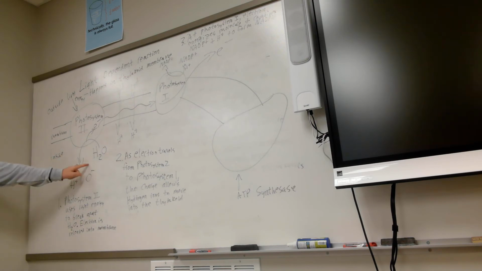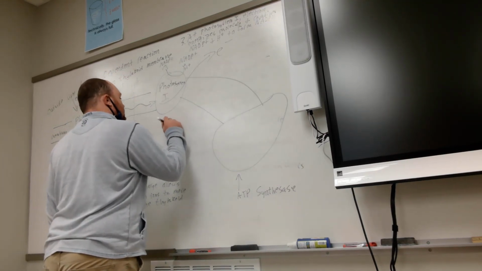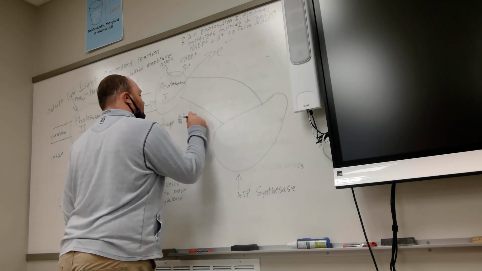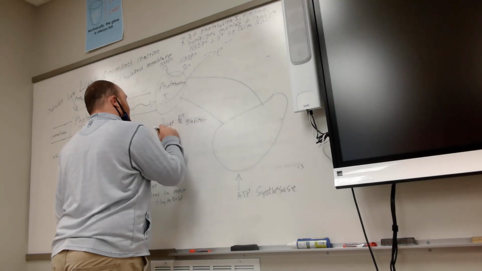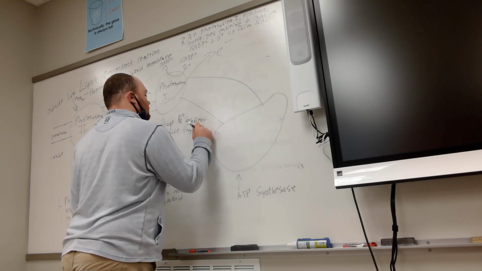So right here, when we broke apart water, we got 1 oxygen and 2 hydrogens, right? So we've got those. And then as the electron was going across, we've also brought in more hydrogen. So what do we have a lot of inside of the thylakoid? Hydrogen. So we have a huge hydrogen, H+, gradient inside the thylakoid.